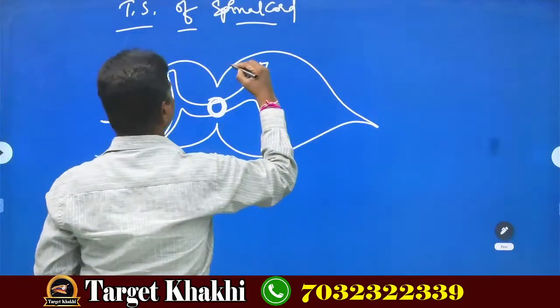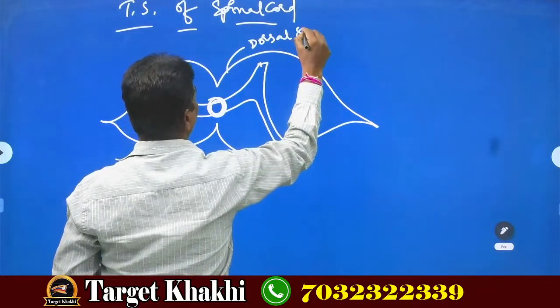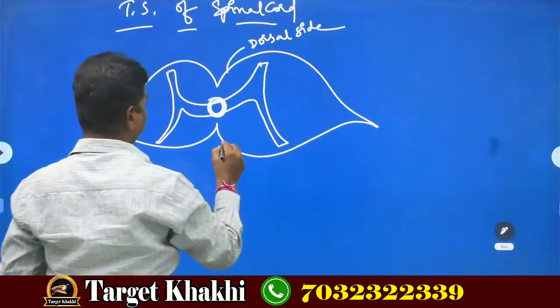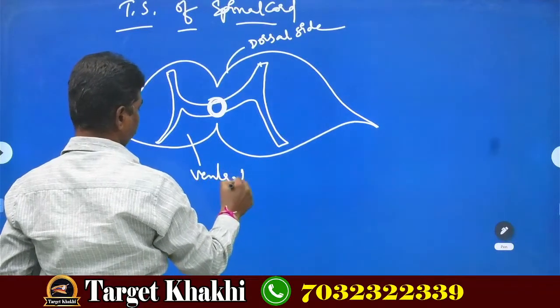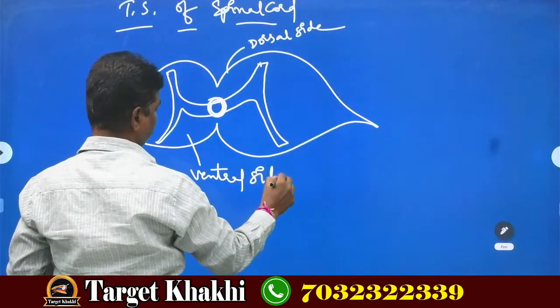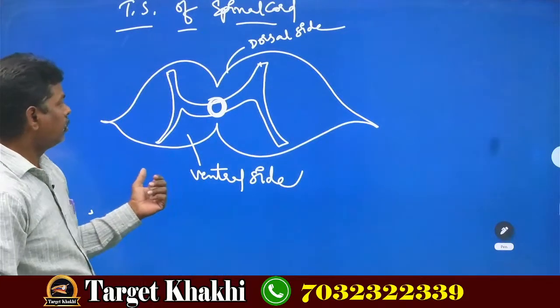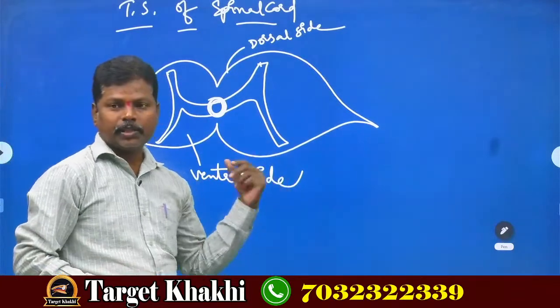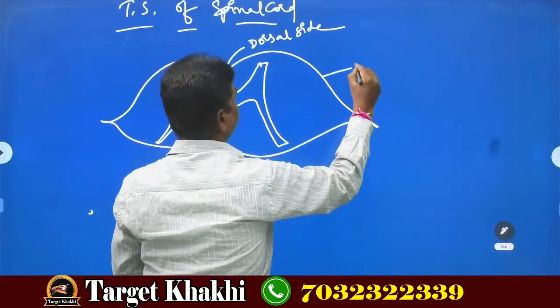This is the dorsal side. This is the ventral side. In the spinal cord, I told you this is white matter.